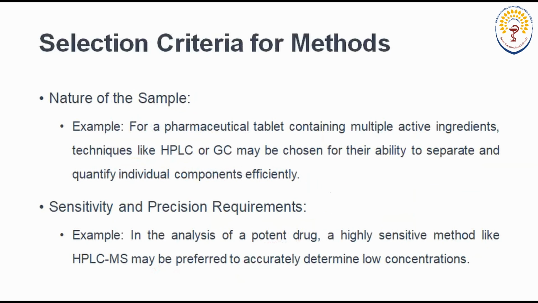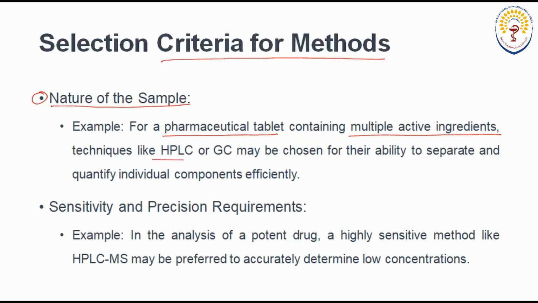Now, what are the selection criteria for quantitative analysis? The first thing is the nature of the sample. The nature of the sample will depend on what kind of quantitative analysis you are going to do. For example, there is a pharmaceutical tablet and it contains multiple active ingredients, say 2 drugs in the sample.